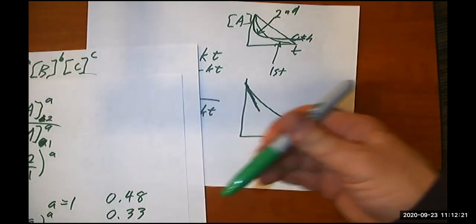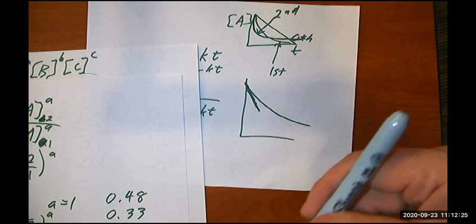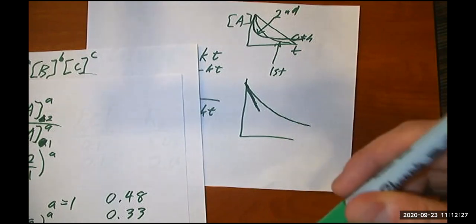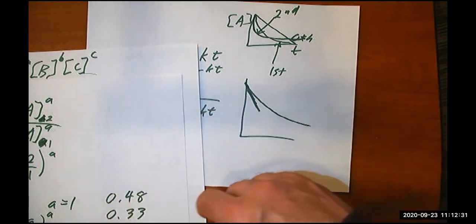We will find next week that for certain types of reactions, there is a relationship between the reaction stoichiometry and the rate law. So I briefly mentioned the idea of a multi-step reaction.